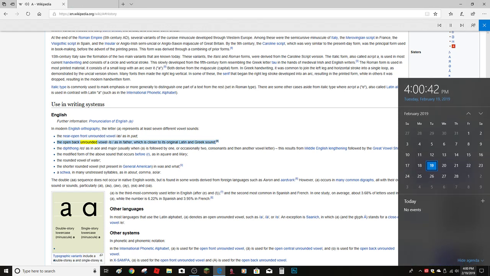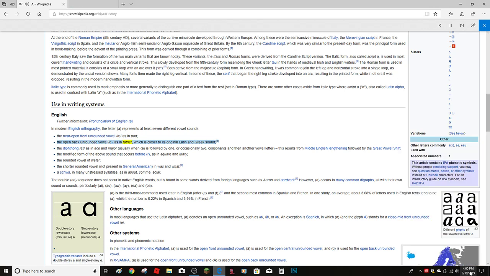The open back unrounded vowel as in father, which is closer to its original Latin and Greek sound for A. The diphthong /ei/ as in ace and major, usually when A is followed by one, or occasionally two, consonants and then another vowel letter. This results from Middle English lengthening followed by the great vowel shift.